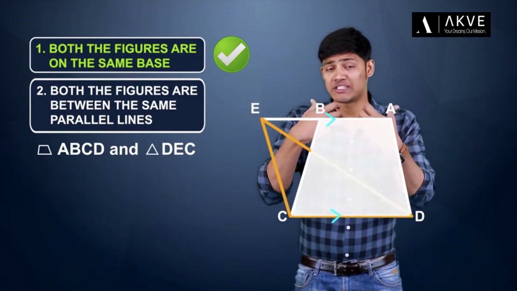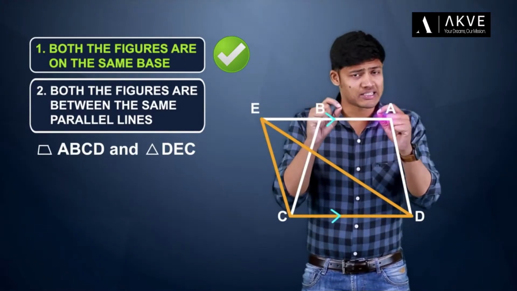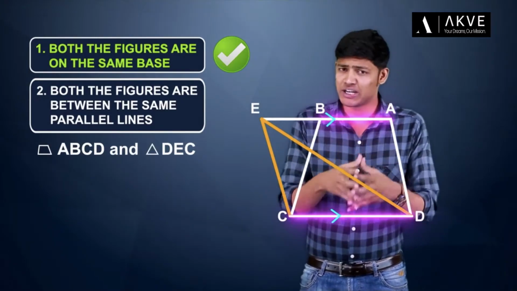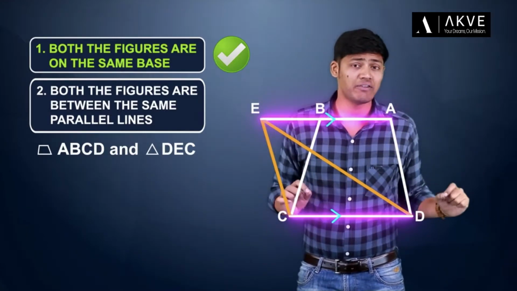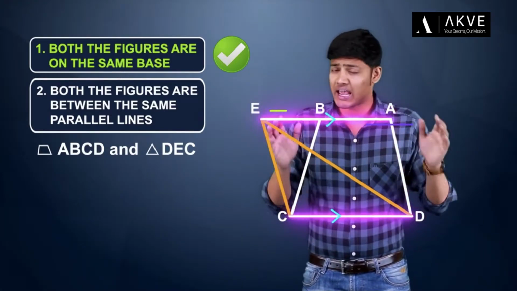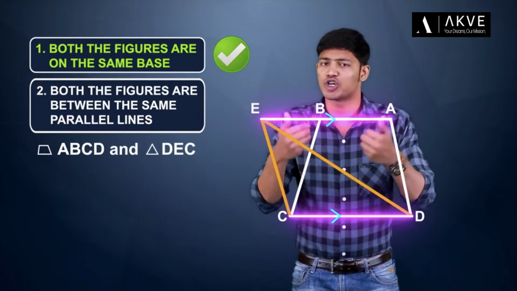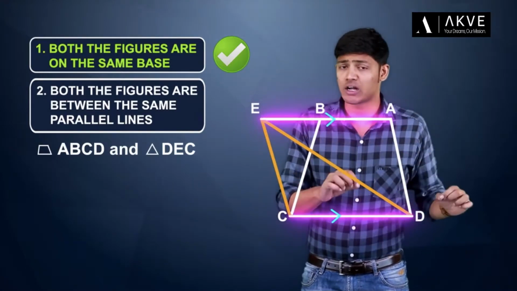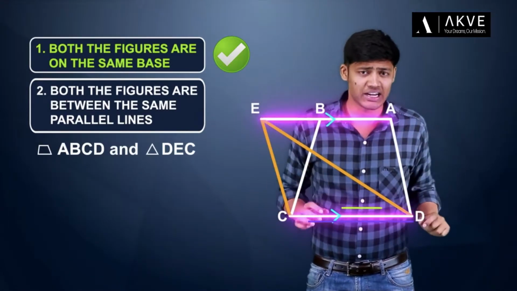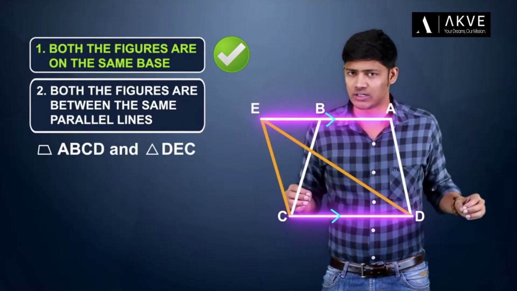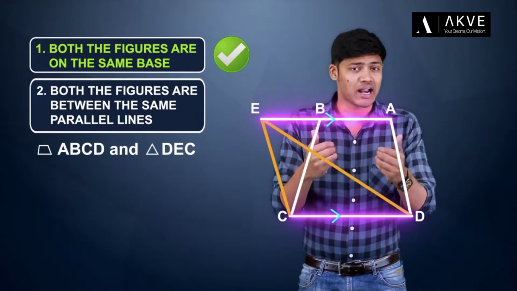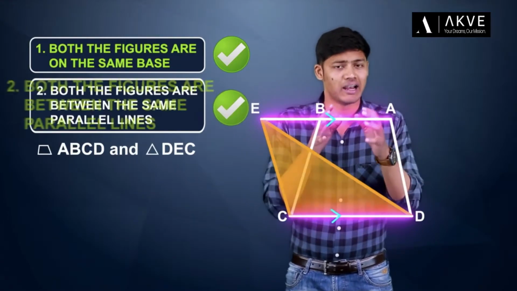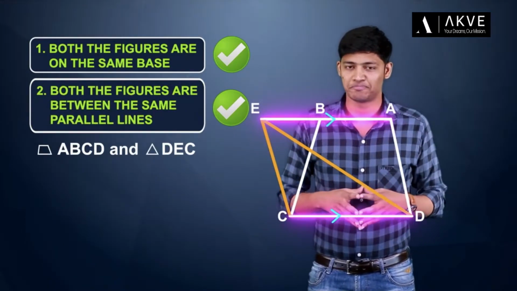So, in the trapezium ABCD, the sides AB and CD can be seen to be parallel. Also, AE and CD will be parallel since AE is just an extension of AB. So, we can conclude that AE and CD are parallel to each other, which implies that the trapezium ABCD and the triangle DEC lie between the same parallels.